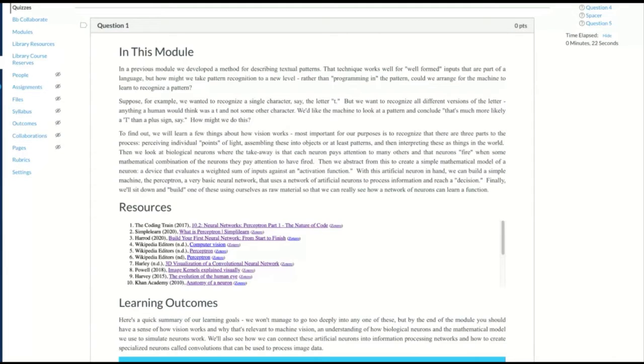In the last module, when we looked at patterns, we came up with a method for describing textual patterns. So we said that a zip code will look like something that has 5 digits, and a digit is something that is between 0 and 9 in the ASCII code system, and so on. So what we were doing there was hard coding pattern recognizers.